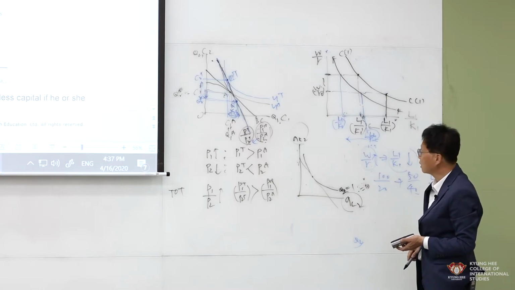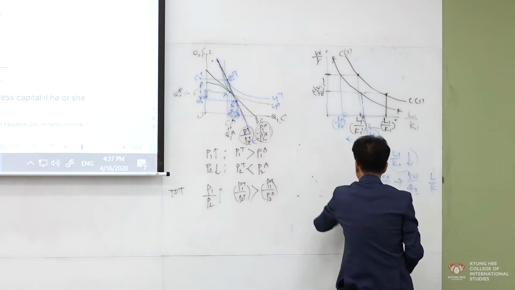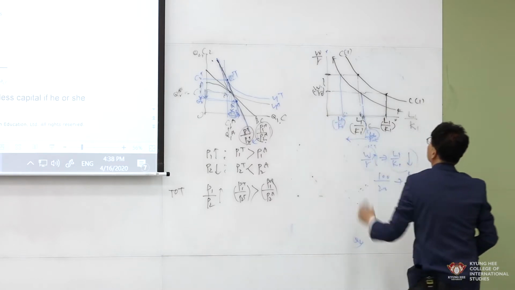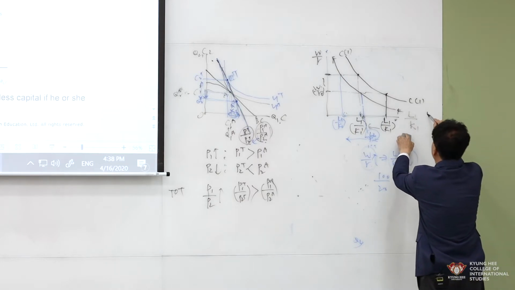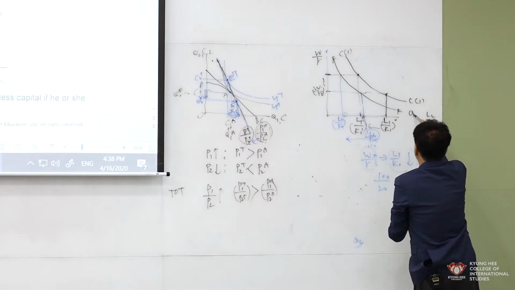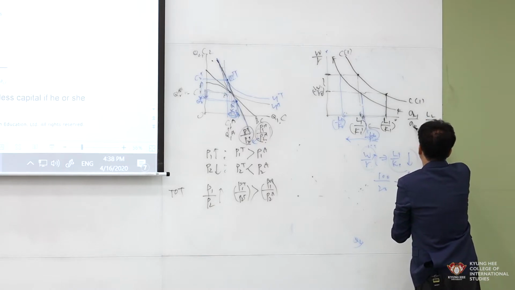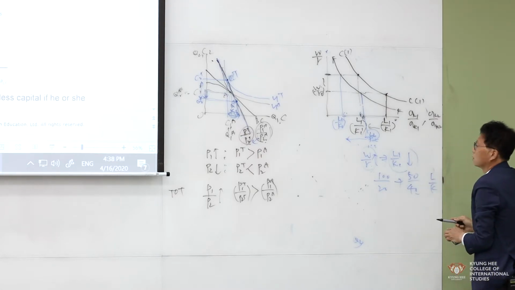Can you understand? So this can also be applied here. We can rewrite L1 over K1 and L2 over K2 as AL1 over AK1 and AL2 over AK2.